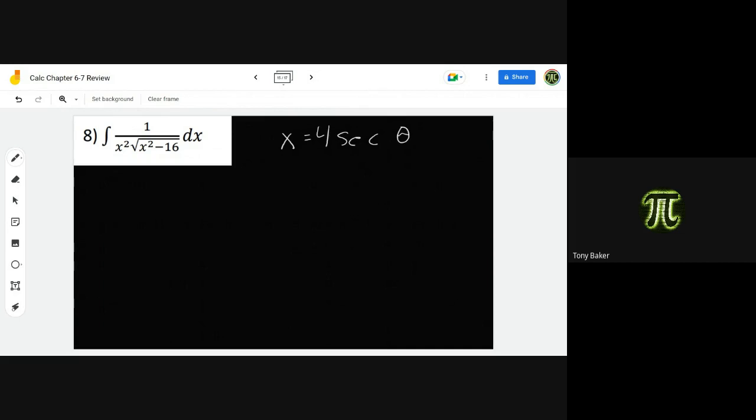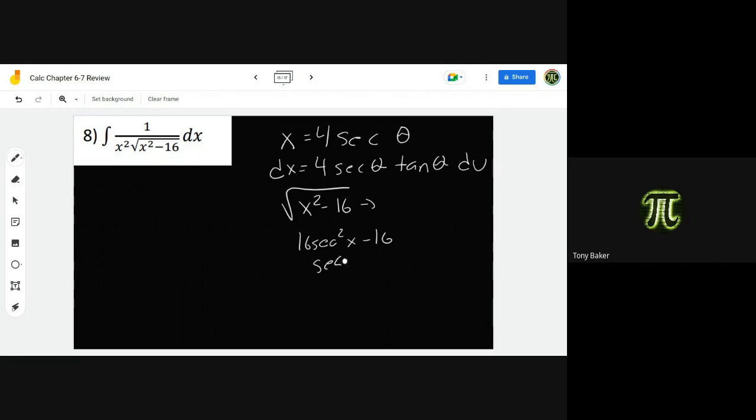All right. So x is 4 secant theta. So dx is what? 4 secant theta tangent theta. That's fine. Okay. So now my square root of this becomes, is it just 4? No, 4 tangent. Let's see. So we got 16 secant squared theta minus 16.